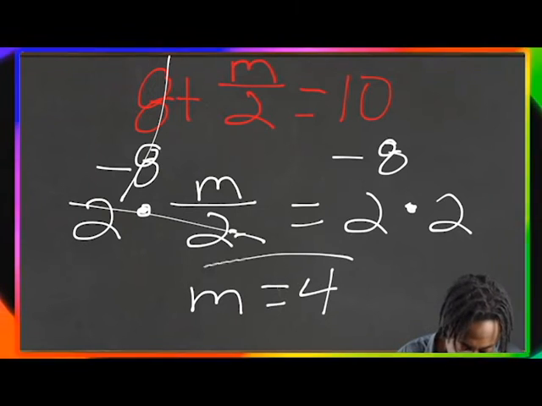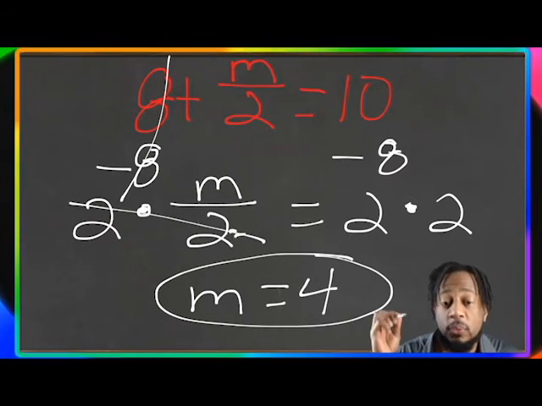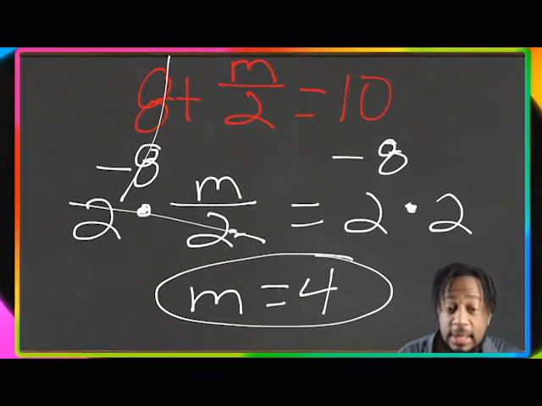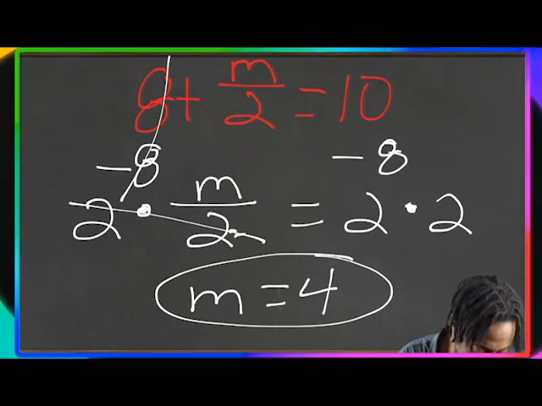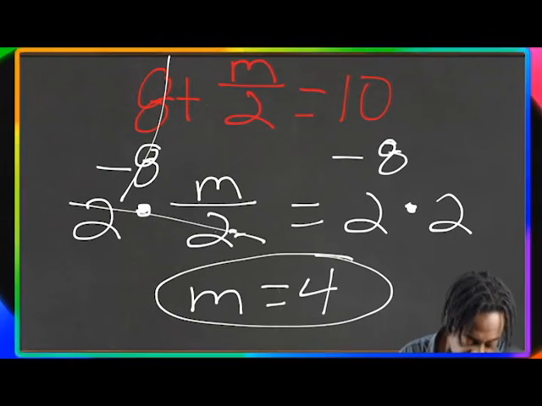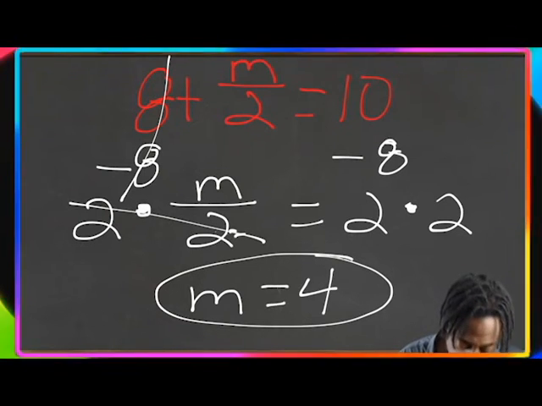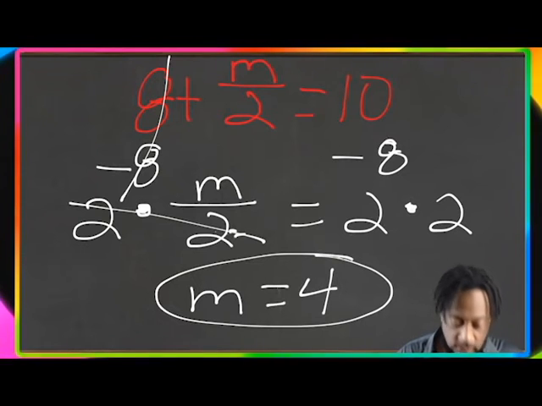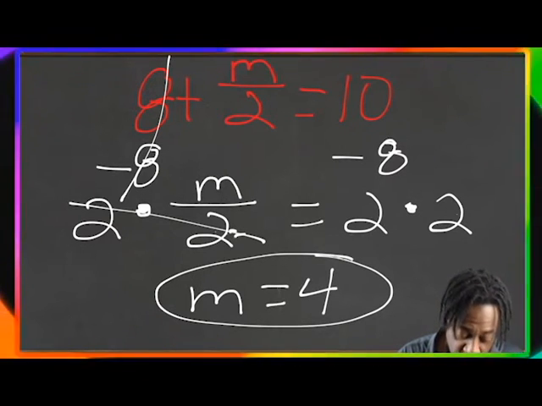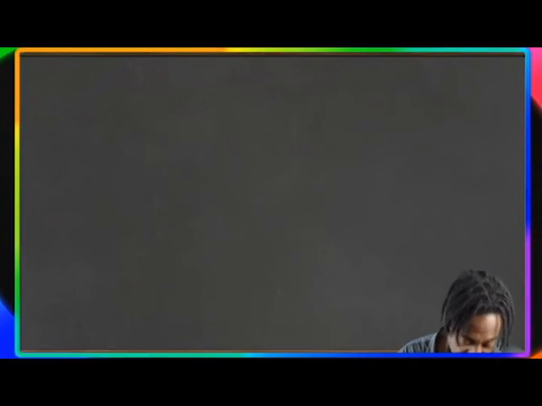We are dividing here, so we multiply to get rid of it. Multiply by whatever is at the bottom. Then 2 times 2 gives you 4.